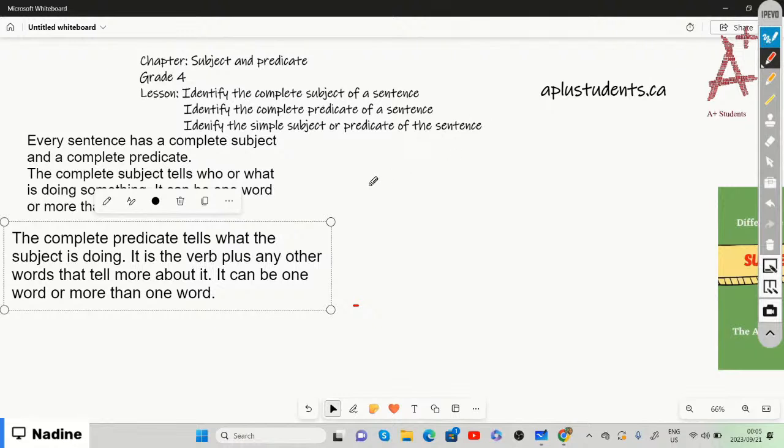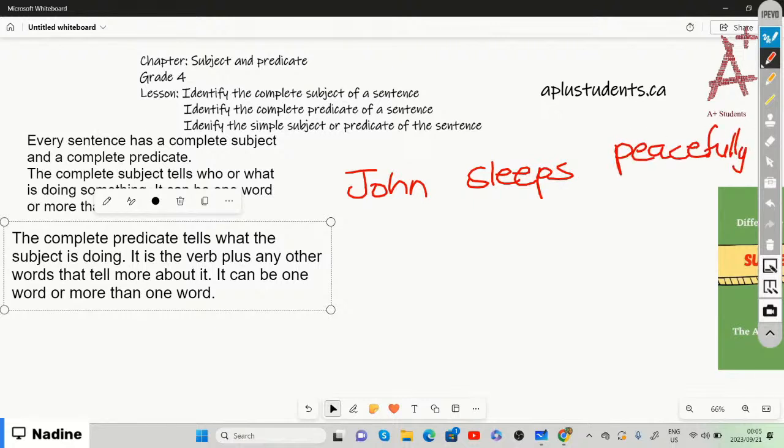If it's one word, then it can be, for example, John sleeps peacefully, right?